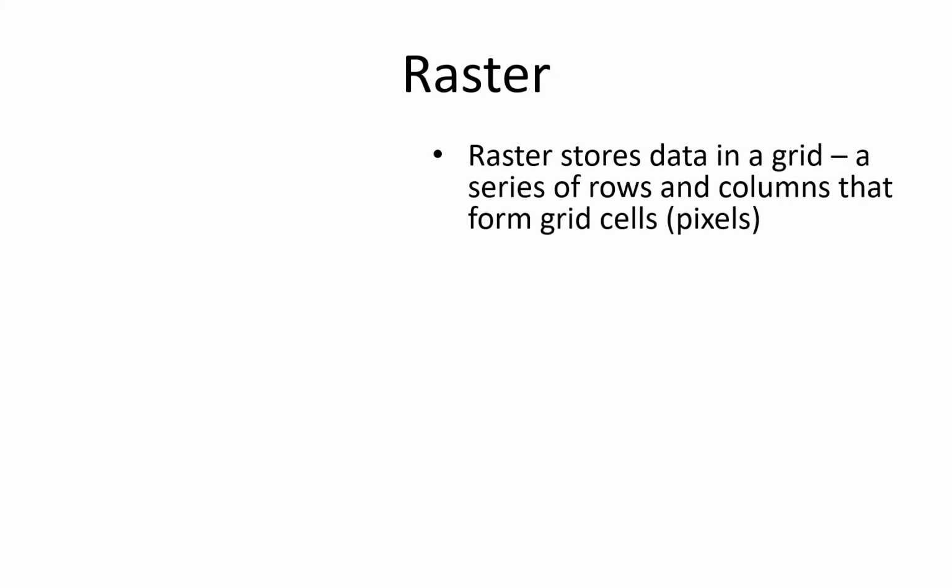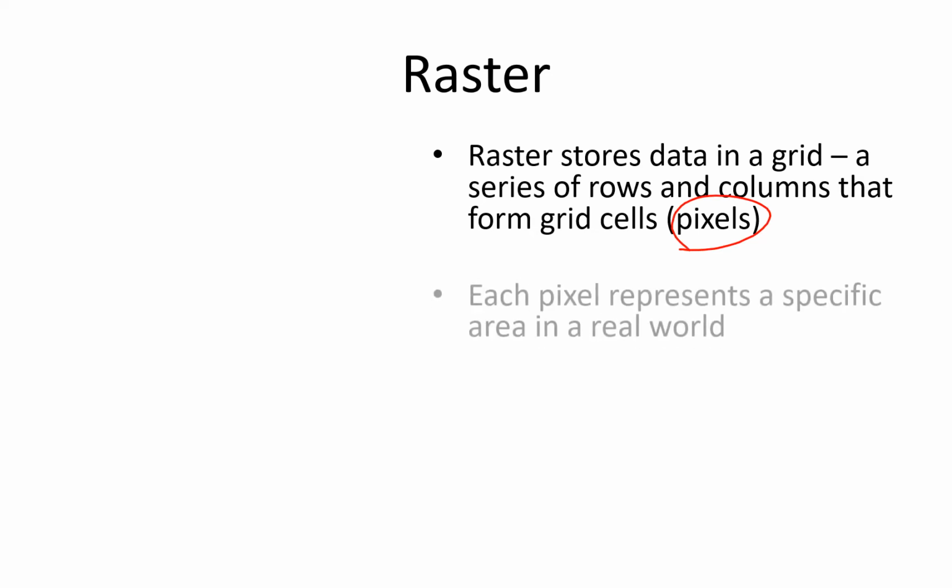The rasters. Now we are done with the vector data layer, and we are going to look at the rasters. Rasters store data in a grid, a series of rows and columns that form grid cells, and these grid cells are referred to as pixels.